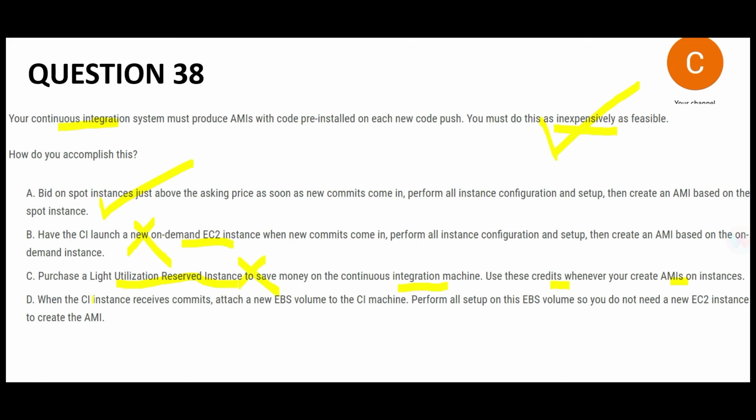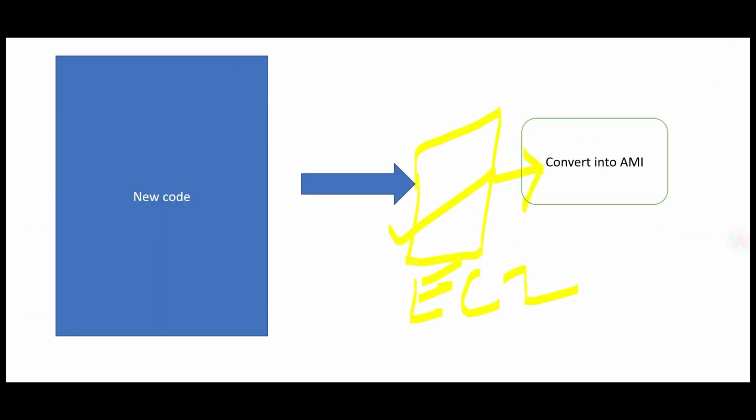And the last one says you use CI instance, it receives commits, attach a new EBS to the CI machine, perform all setup on this EBS so that you do not need a new EC2 instance to create the AMI. See, the EBS has to be attached where? To the EC2 instance. It has to be attached to this EC2 instance. EBS comes here.